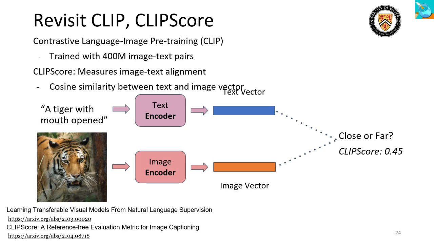By calculating the cosine similarity between the text and image vector, a higher value indicates that the text is more relevant to the image, while a lower score indicates that the text might not be that relevant to the image. But in fact, the normal range of CLIP score is only like 0.25 to 0.35, so it's relatively hard to spot whether the image-text alignment is really doing well.